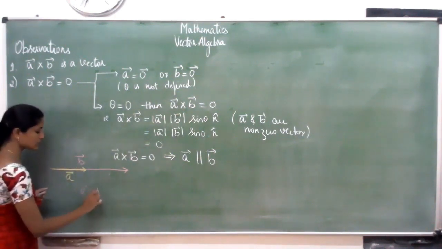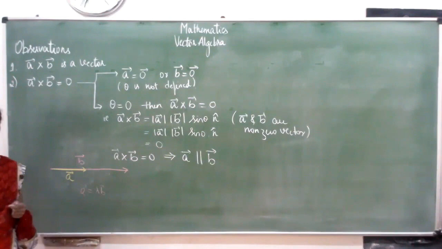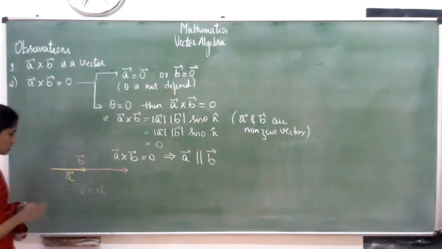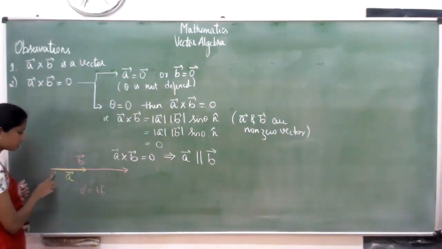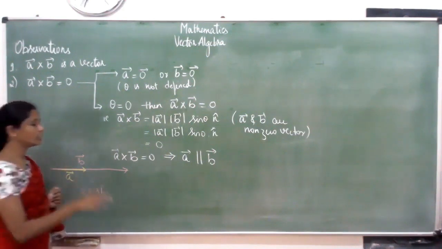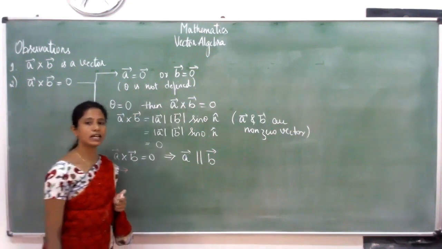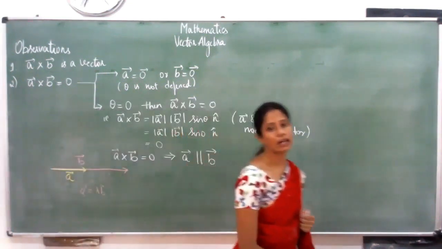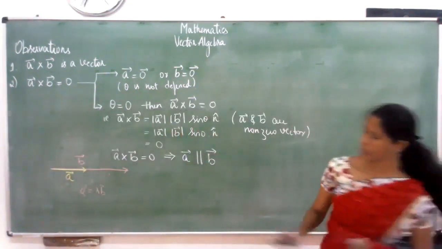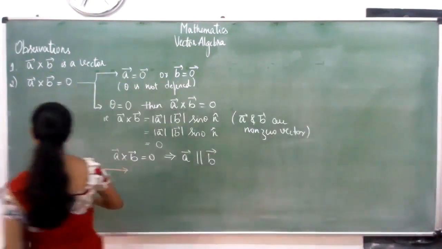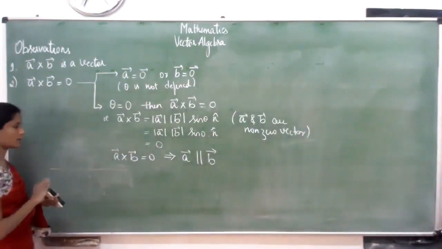We have seen the condition: if one vector is lambda times the other vector, we can say that they are parallel vectors. So under this condition, again when theta is equal to 0, vector A cross vector B is equal to 0. This implies that vector A is parallel to vector B. You should remember this. It is very important.